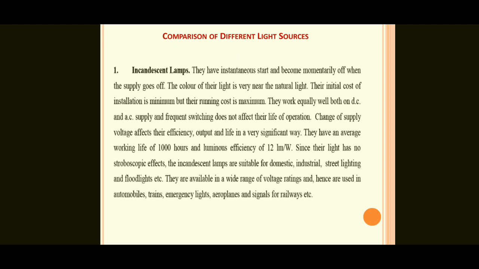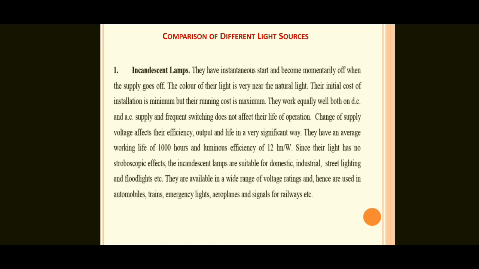Since their light has no stroboscopic effect, incandescent lamps are suitable for domestic, industrial, street lighting and flood lightings. So wherever the applications are present, we can use incandescent lamps: street lighting, homes, factories, companies.